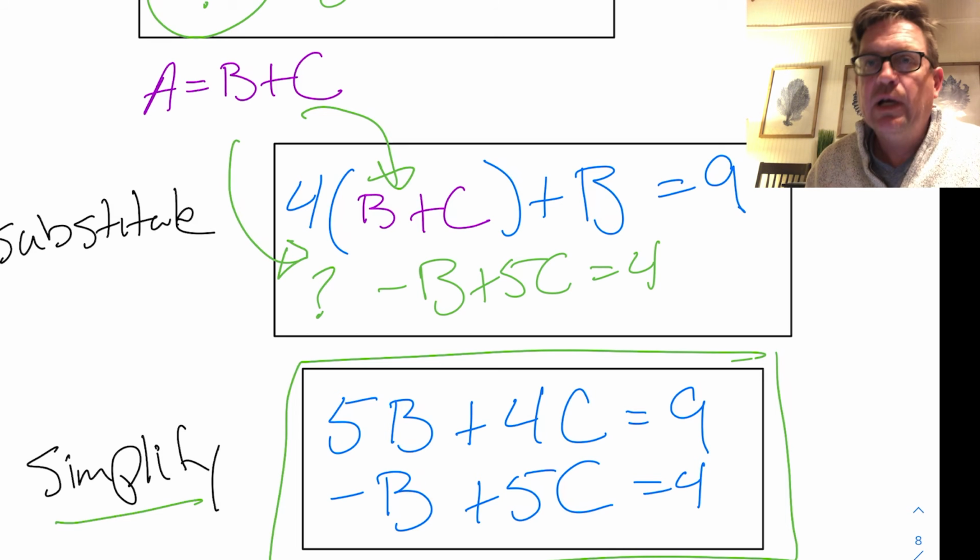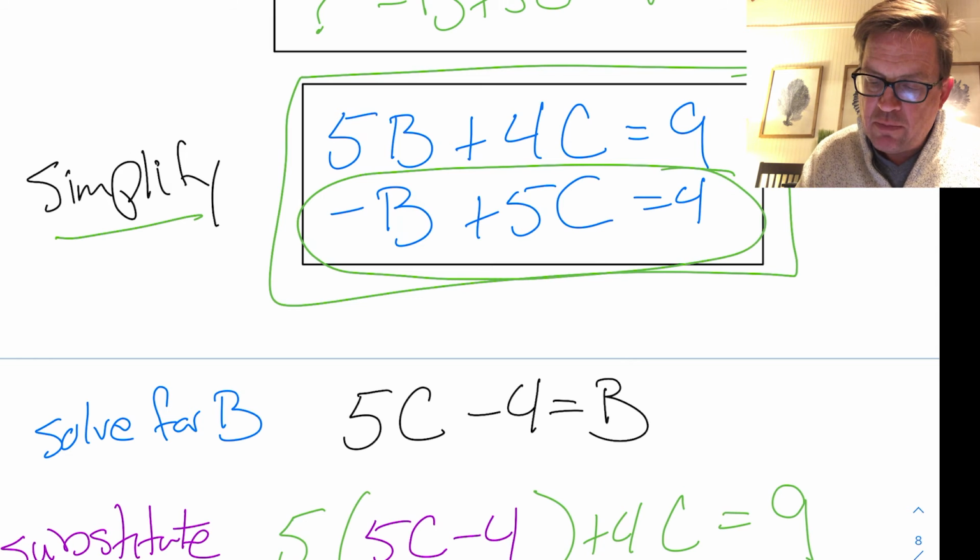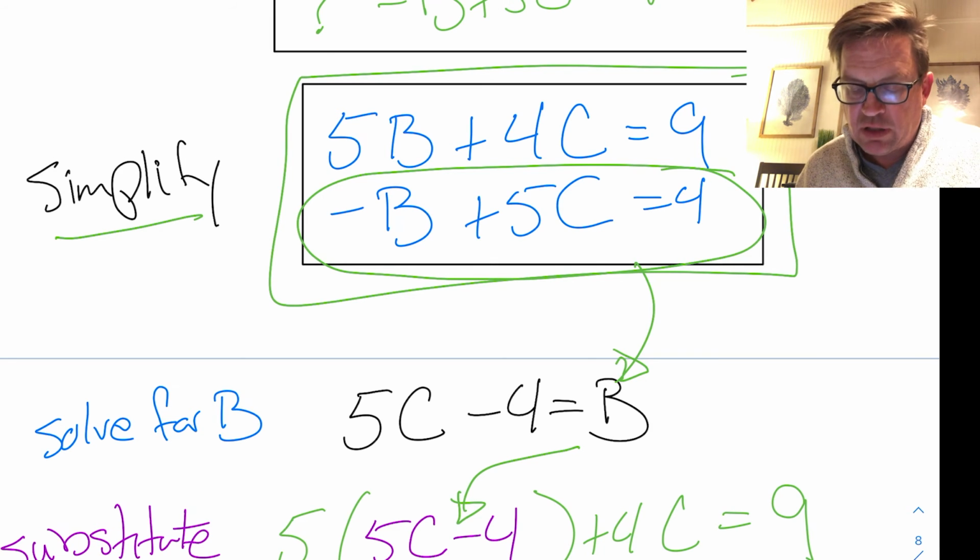Then you can solve. And again, you can decide if you want to do elimination or substitution at that point. And so I chose to do substitution. I took one of those equations and solved for B. So I took this second equation and solved for B, and then plugged that into the first equation.